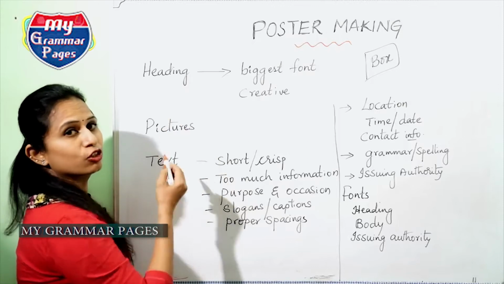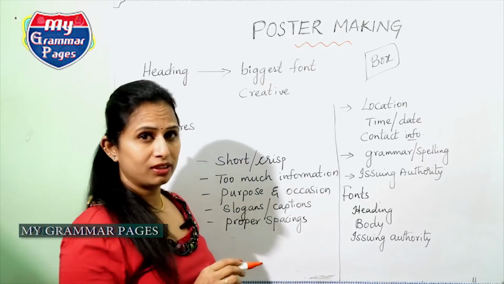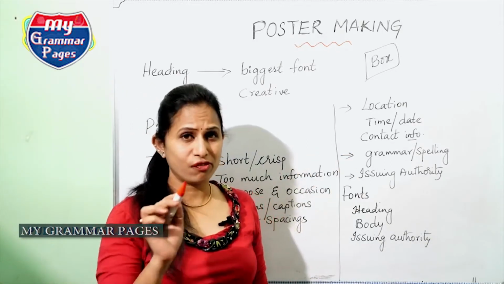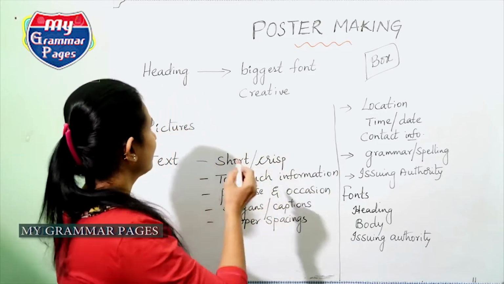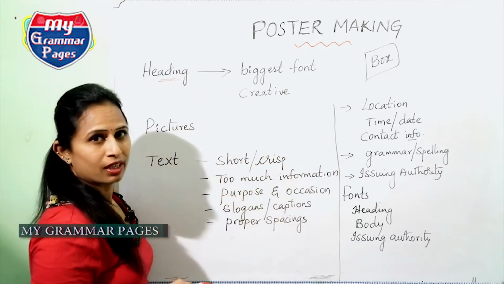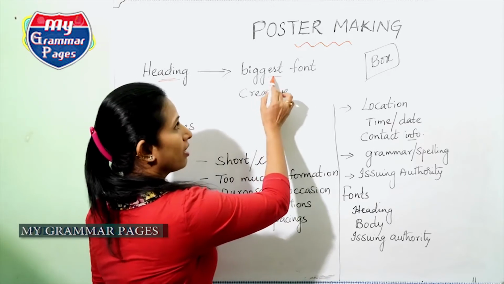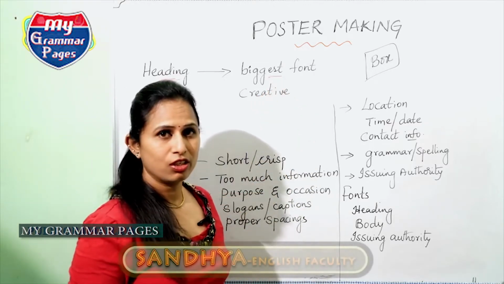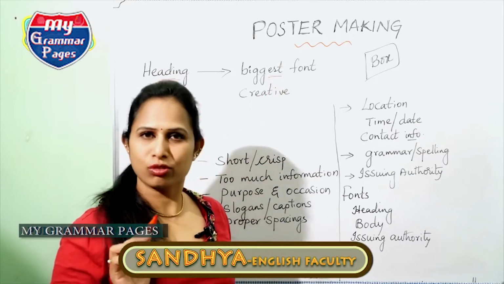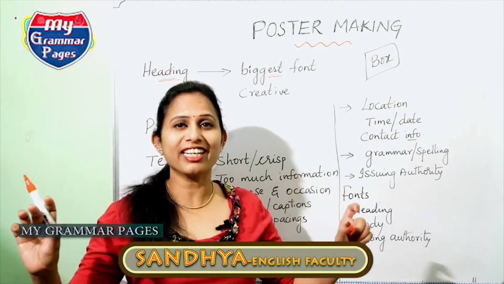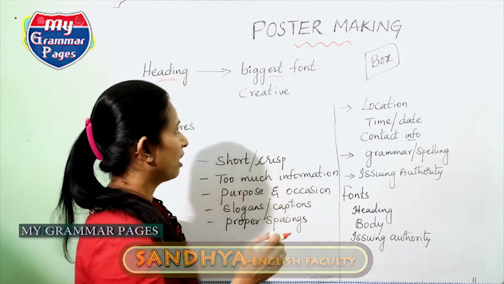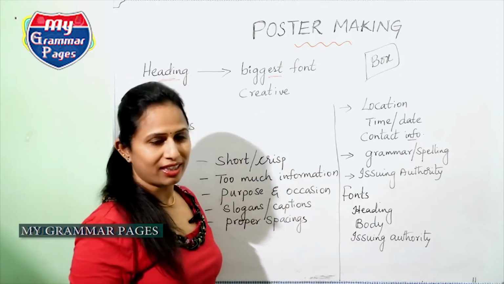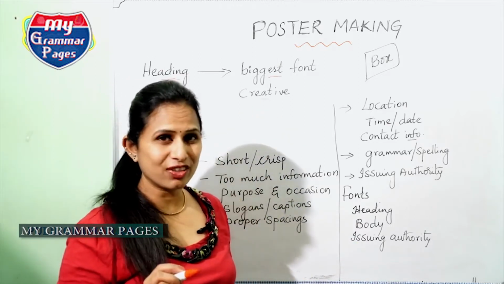The first thing to be noted is, when you open a three-sided box, the first thing to be written is the heading. The heading must be in the biggest font, not exceeding 5 to 6 words. It shouldn't be very lengthy. And coming to the style you write the heading, it should be very creative.